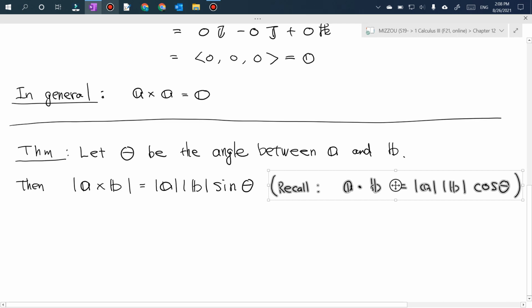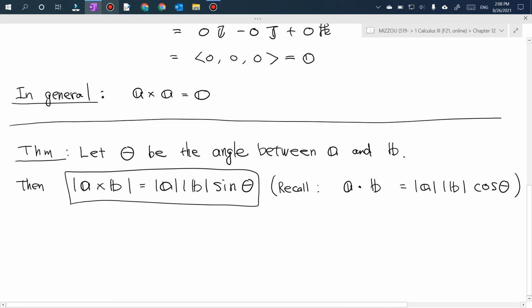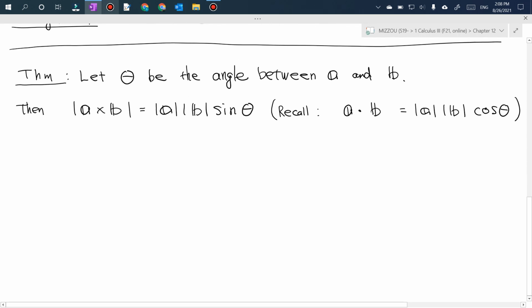Now, what is this geometrically? Well, let's draw this picture. Vector A and vector B, and theta is the angle between A and B, so theta is here.